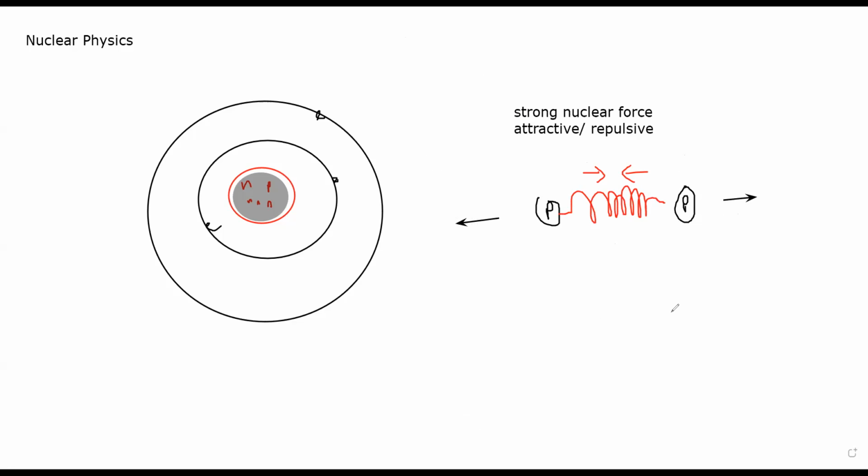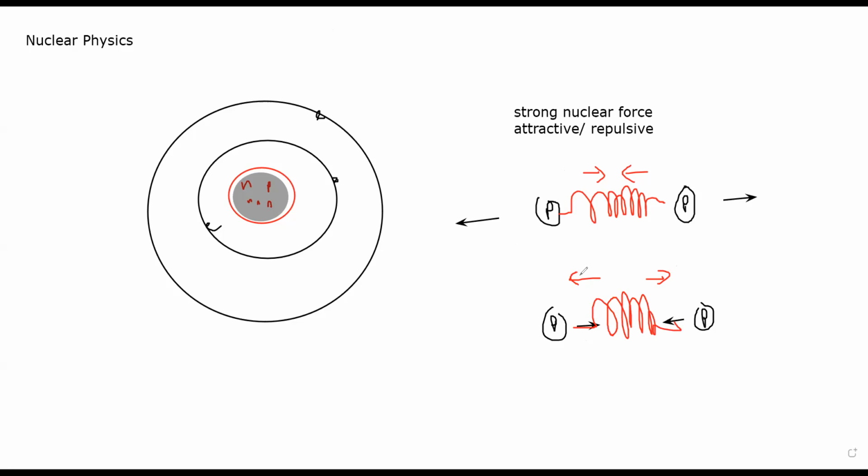And what happens when the two protons are coming towards each other? If the two protons are moving towards each other, what will happen in that case? This strong nuclear force will try to push these two particles so that they will not collide with each other, try to push them away from each other.